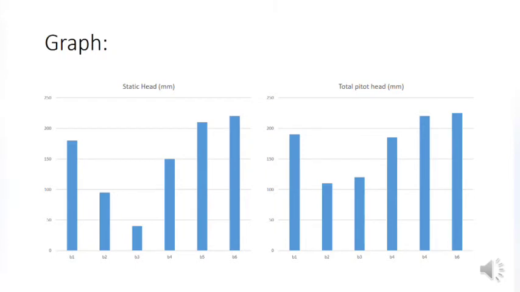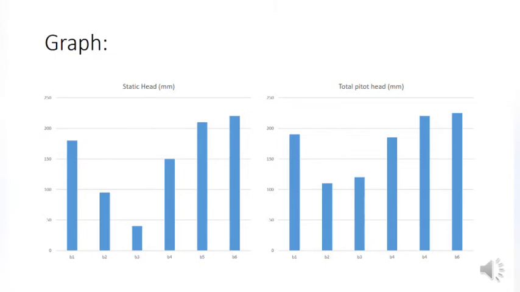So this is the graph of the static head and total head, where the static head is the height on the manometer. You can see from 0.1 until 0.6 there are changes in the test pipe from point 1 to point 6.